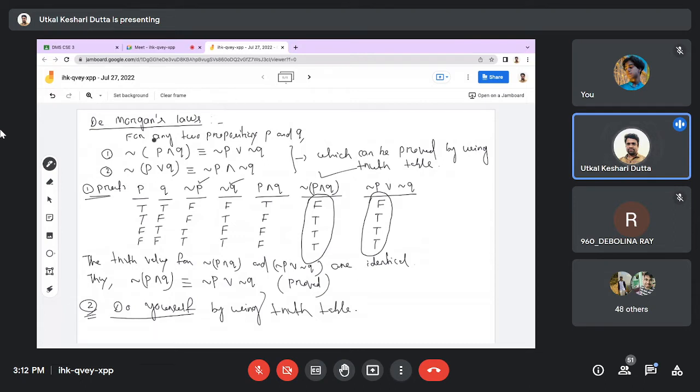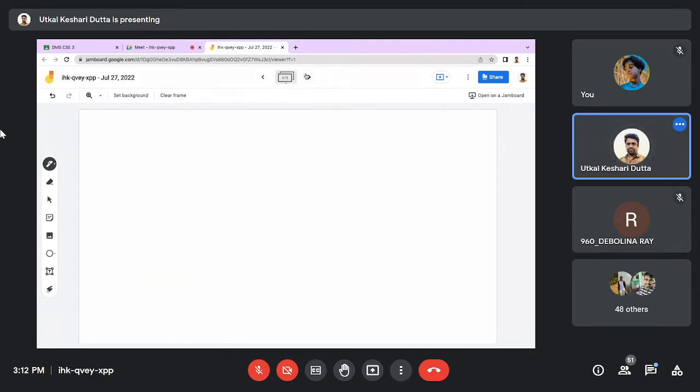Okay, that is one of the laws. There are some more standard laws that we can use in some problems, some more logical equivalences.